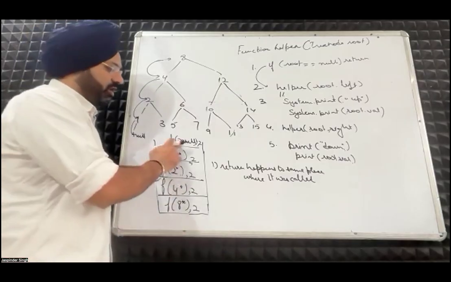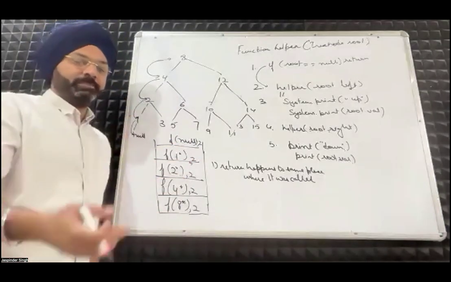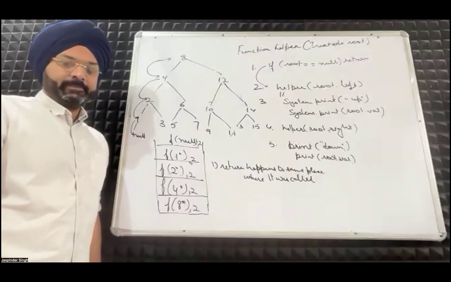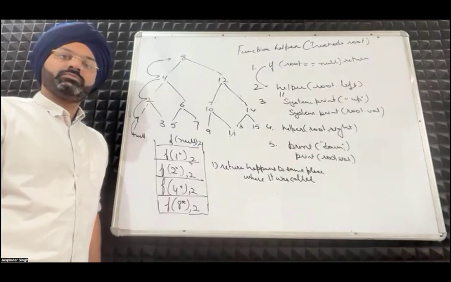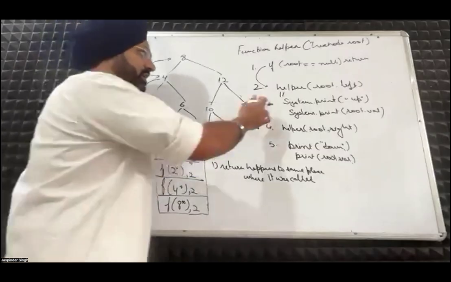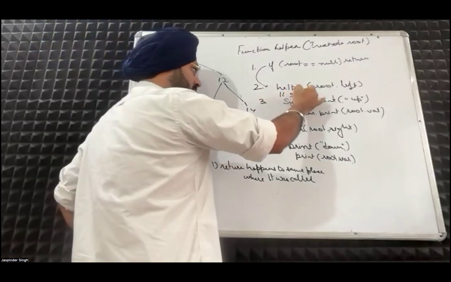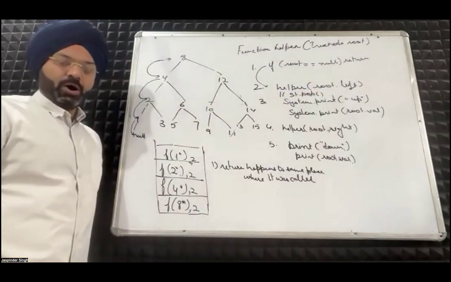Now this functional call is complete. Whenever a functional call is complete, what happens to the call stack? It pops. It has popped. That's why I'm putting a placeholder over here, that it pops. When it is complete, the function call pops.